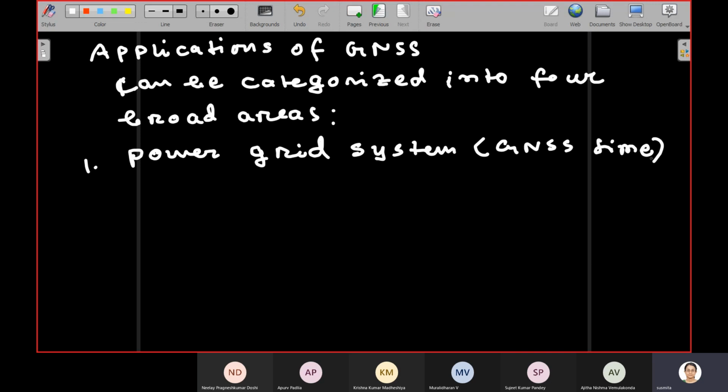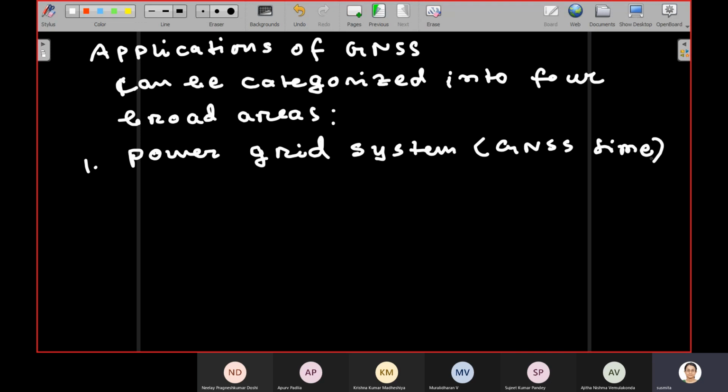And for time synchronization, they use highly accurate clocks driven by GPS or GNSS. Such clocks are called GNSS slaved master clocks.